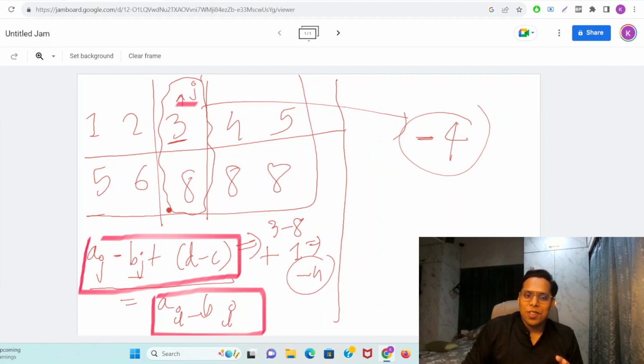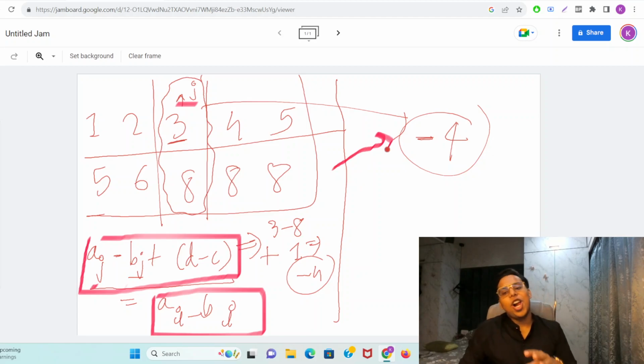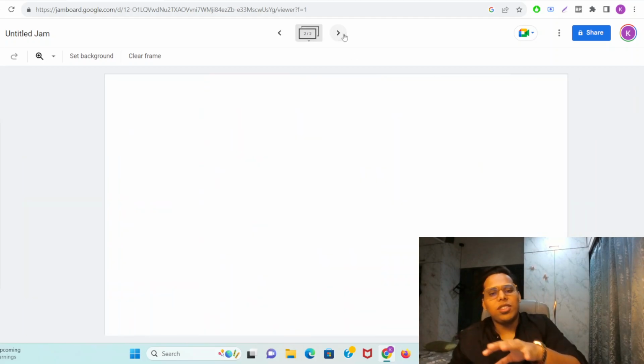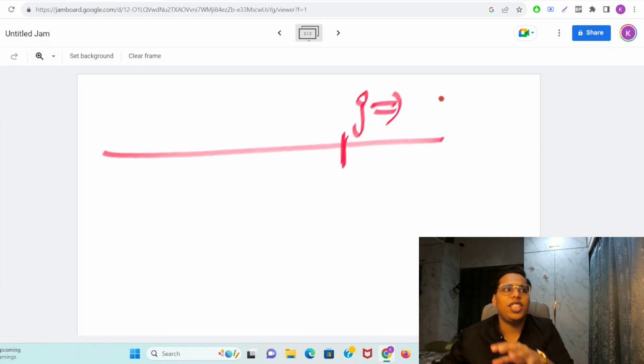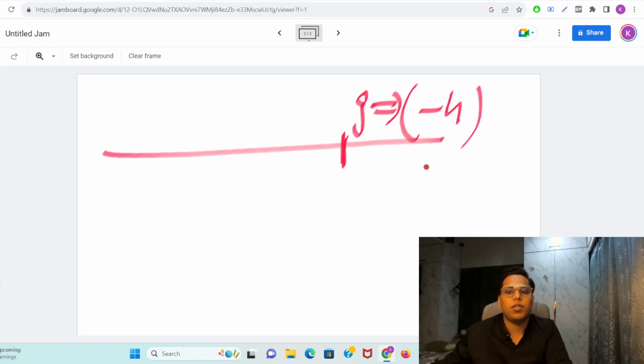So at index J, I calculated AJ minus BJ plus D minus C, which is minus 4. Now I am at this index J, and I calculated the left hand side of the equation, which is giving me minus 4.